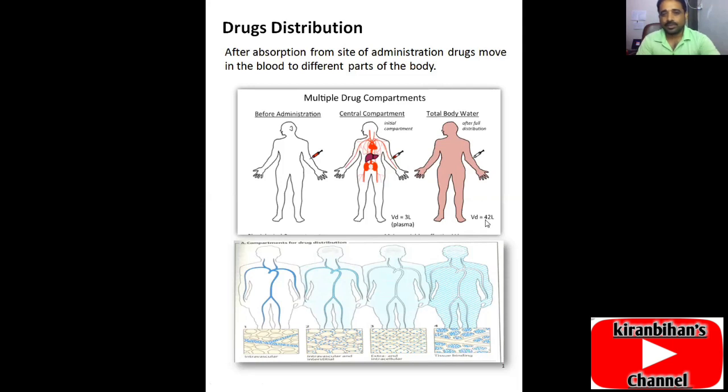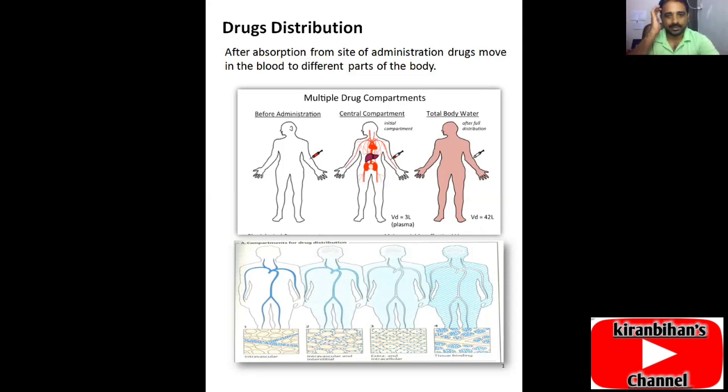As you know, the total body water is 42 liters. If the volume of distribution after calculation comes to 42 liters, we can say that the drug has the highest volume of distribution. It means the drug has the capability to cross the blood vessels and capillaries, and it has the ability to get into the cells.